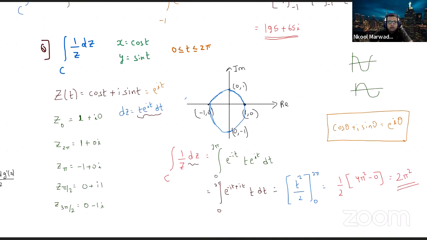Okay, we made one typo, and it's good to make such mistakes so that we understand. When I differentiate it, it is i, not just t, because i is also a constant. It will be i e to the power of it, so I have to take i everywhere.